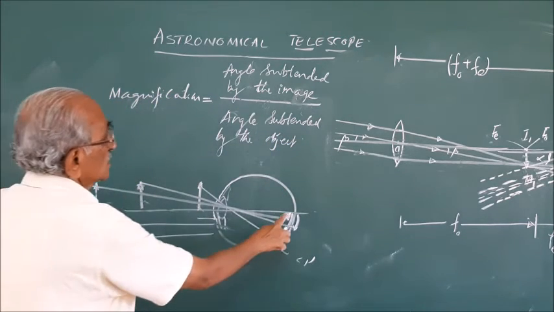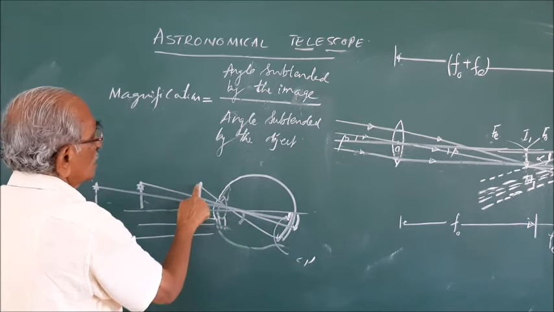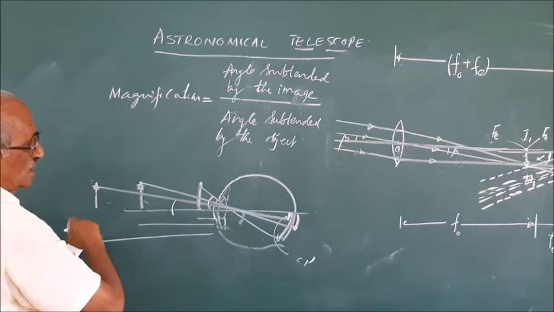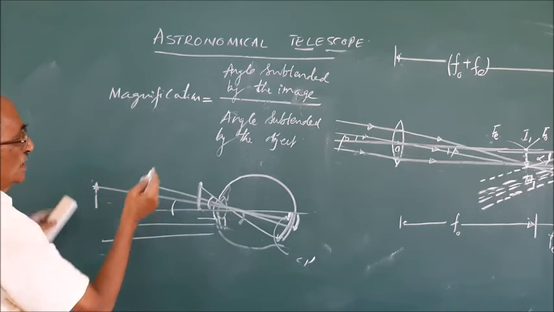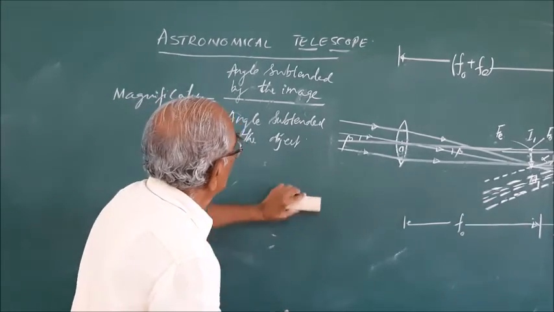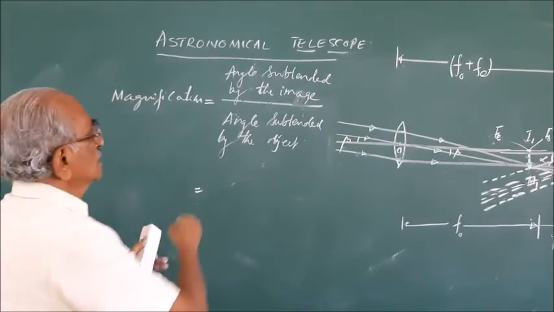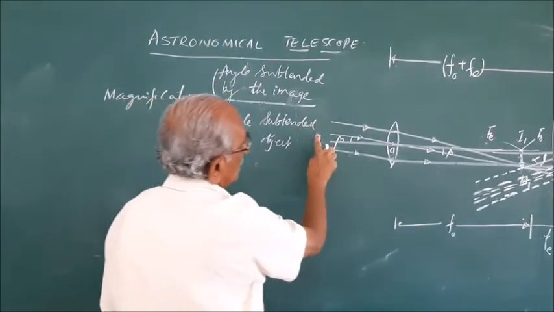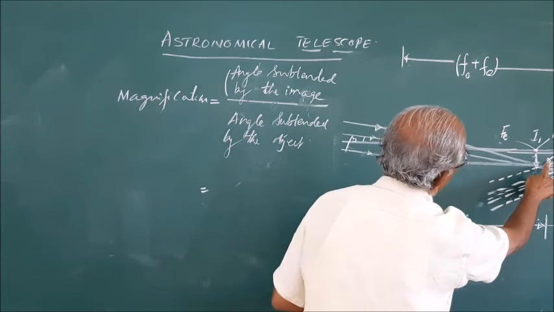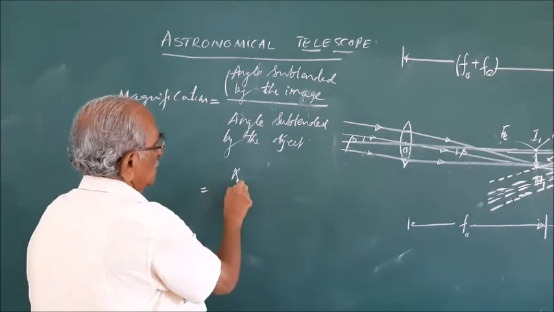Now, there is a relationship between the image size and the angle, object size and the angle. The sizes are different, therefore, the definition still holds good in terms of angles. Now, looking at the figure, the image subtends an angle, let's suppose alpha.